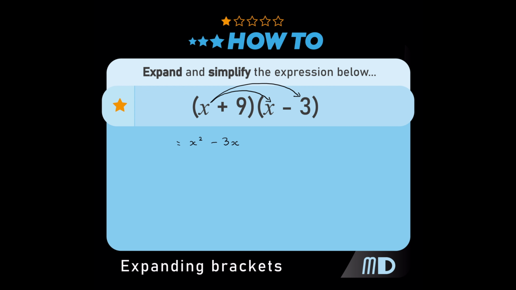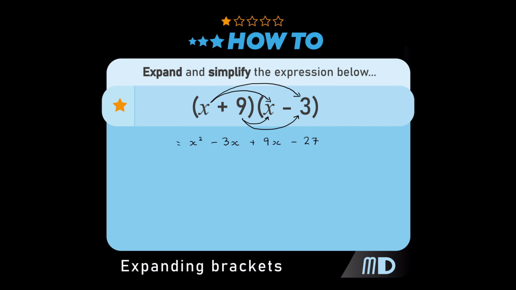Then we multiply 9 by each term in the second bracket. So 9 multiplied by x is 9x, and 9 multiplied by minus 3 is minus 27.